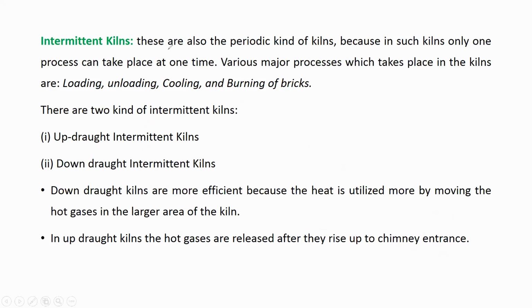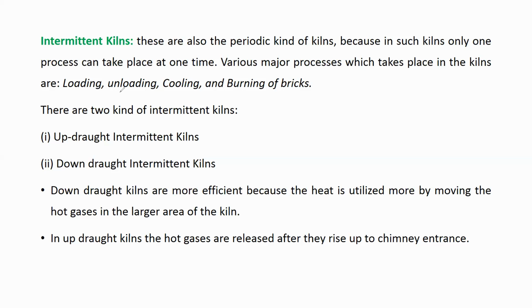Intermittent kilns are also periodic kilns, because in such a kiln only one process can take place at one time. The various major processes in this kiln are loading, unloading, cooling and burning of bricks.